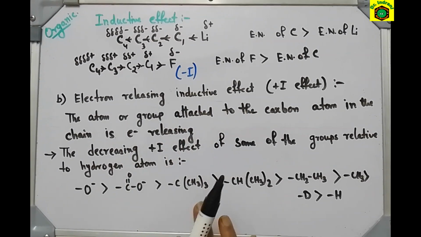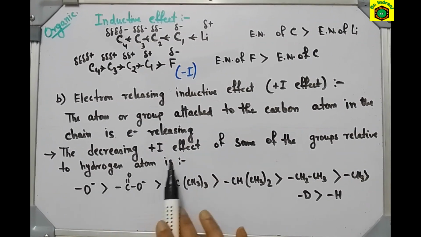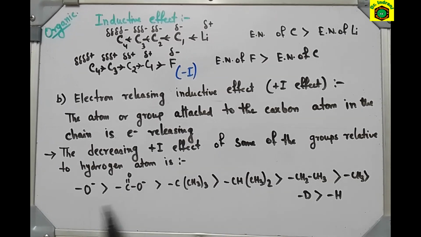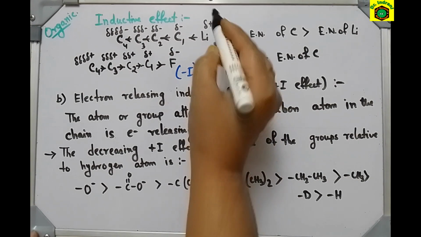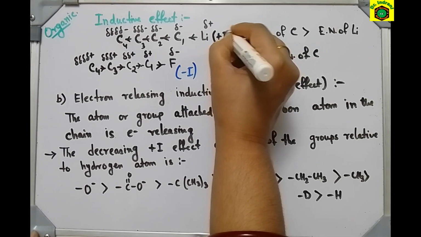Since carbon and hydrogen are having comparable electronegativity, here also the decreasing +I effect of some of the groups relative to hydrogen atom is this one. This is carboxylate, this is tertiary butyl, this is isopropyl, ethyl, methyl, deuterium, hydrogen. So here this one is example of +I effect.